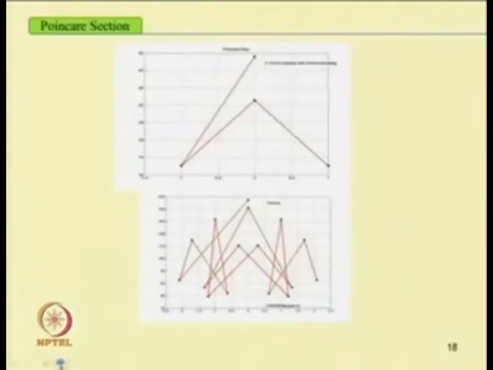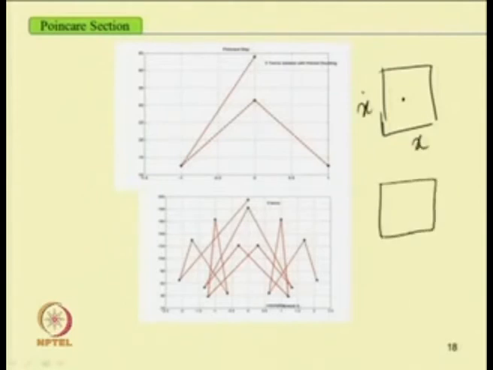In the case of a chaotic response, one can plot the Poincare section, which we will study later. By taking the Poincare section of the system, from this phase portrait one can know whether the system is periodic, quasi periodic or chaotic. In the case of a periodic system, in the phase portrait, plotting x dot versus x, we will have a single point.